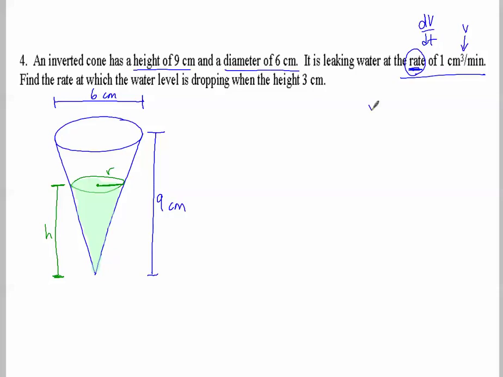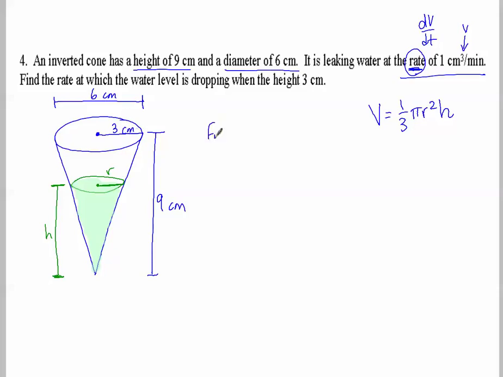Our formula for volume of a cone is V equals 1/3 pi r squared h. So I'm going to go back up here, and instead of writing 6 centimeters for the diameter of the cone, I'm going to show 3 centimeters for the radius of the cone.